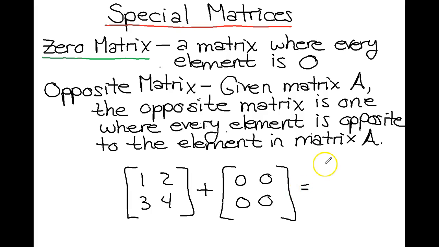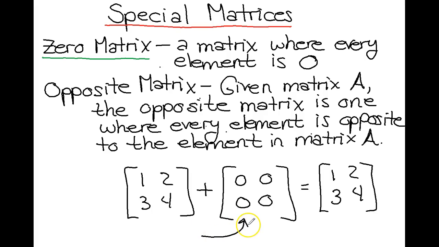When you add or subtract a 0, your original value doesn't change. That is called your identity. This is the additive identity for matrices. And that's why it's important.